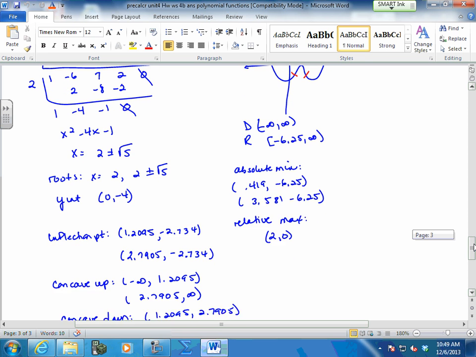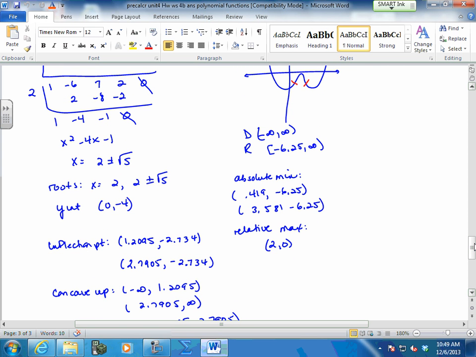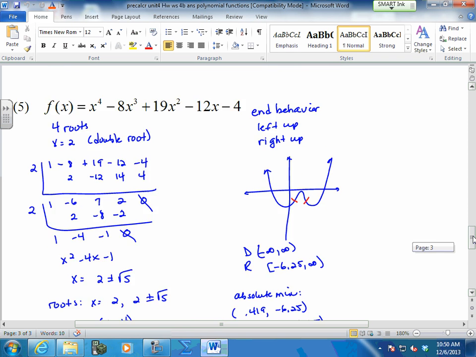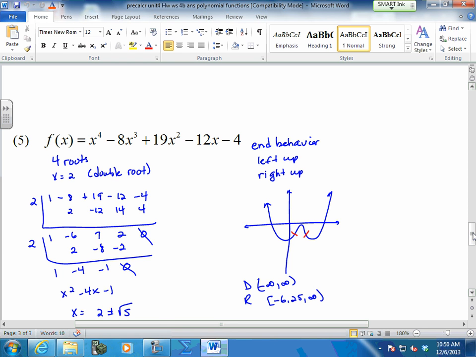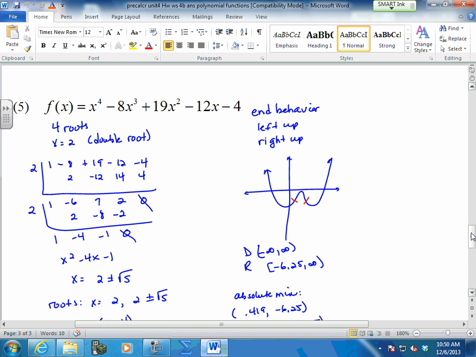Your inflection point, a little bit tougher. You have 2 inflections. Take the average of your max and your mins. You had a relative max right here at your 2, 0. So that's going to help you get this inflection point right here, using this one and this one, and then use this one and this one to find that inflection point.